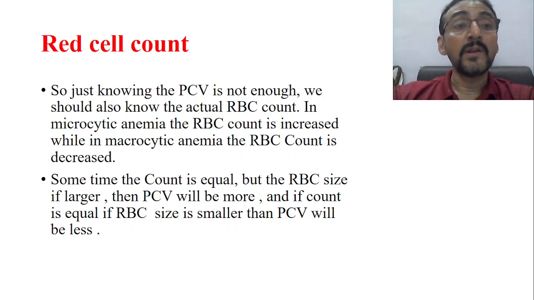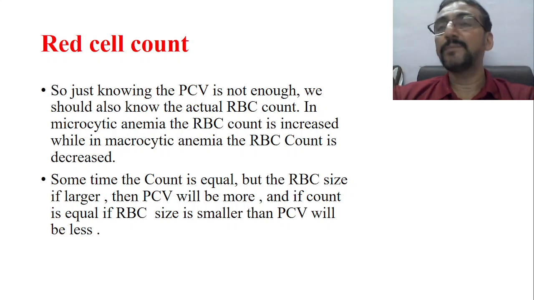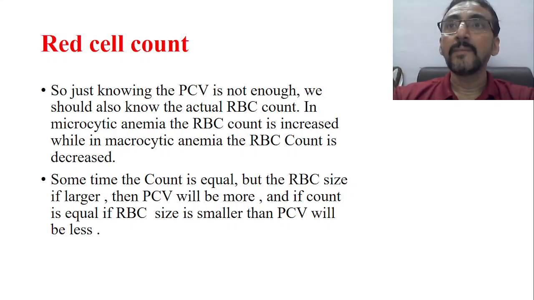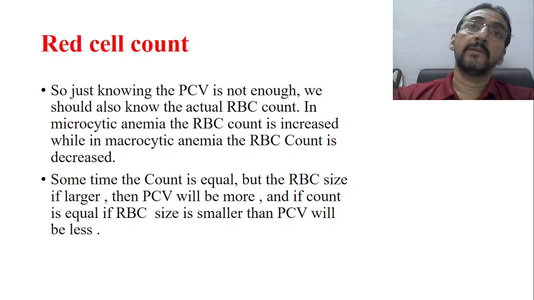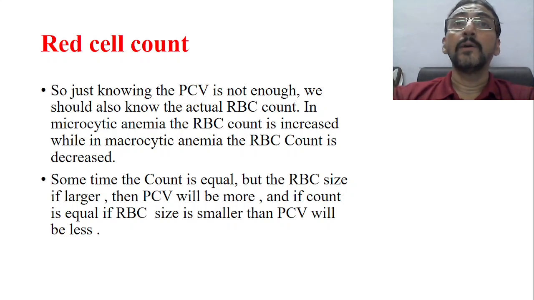So therefore we have to also know the actual RBC count, है ना? एक्चुअल RBC काउंट कम हो सकता है. किसमें? मैक्रोसाइटिक में, क्योंकि कम RBC बहुत ज़्यादा वॉल्यूम को ले लेता है. ठीक है, और अगर RBC का साइज छोटा है तो PCV और कम हो जाएगा. तो सिर्फ PCV देखने से कोई फ़ायदा नहीं है. देखना क्या चाहिए? RBC का काउंट कितना है वो इम्पोर्टेंट है.